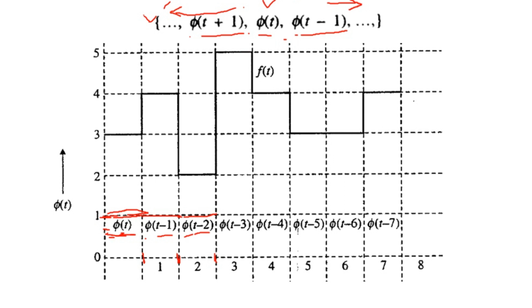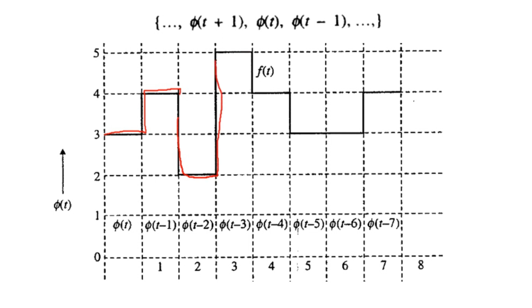Now, what you see with the solid line in this illustration: here we start at amplitude level 3, we go to amplitude level 4 for the next time interval, we get back down to amplitude level 2 for the next interval, we go to amplitude level 5, then to amplitude level 4, then for the next 2 consecutive intervals we have amplitude level equal to 3, then we switch to amplitude level 4 here.